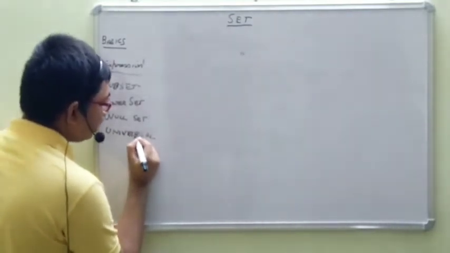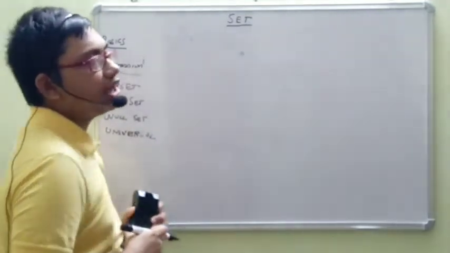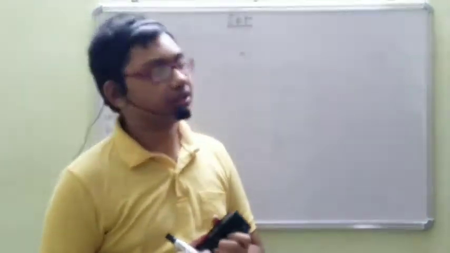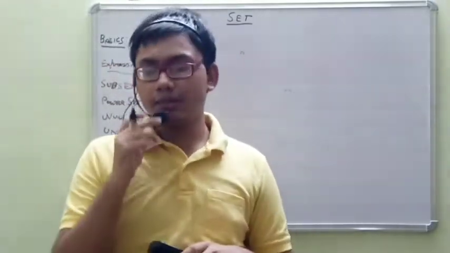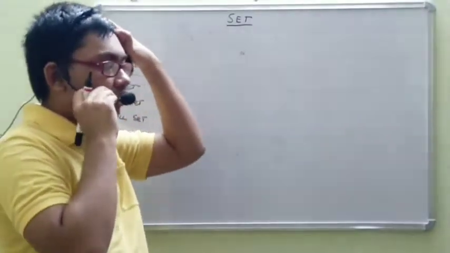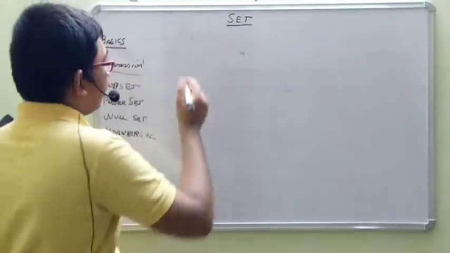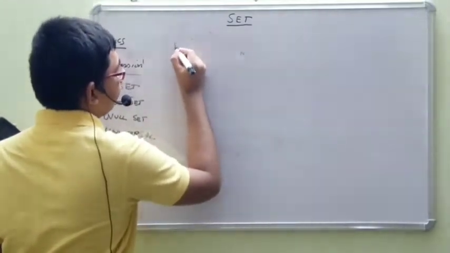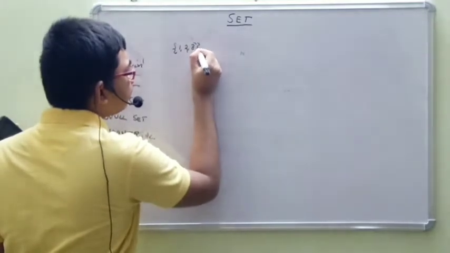It should be somewhat realistic. If you tell me the universal set has all things in the universe, you can't say that. Like, if I take the set 1, 2, 3, then you can put the universal set as anything.